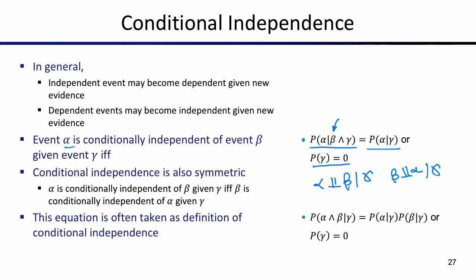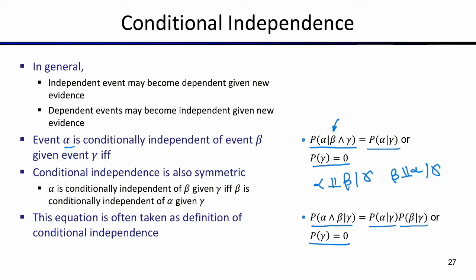So here we say that alpha and beta are conditionally independent of each other given gamma if the probability of alpha and beta given gamma is equal to the probability of alpha given gamma times the probability of beta given gamma. So it's very similar to the definition of independence that we saw before, but now both events are conditioned on gamma, where the probability of gamma is not equal to 0.